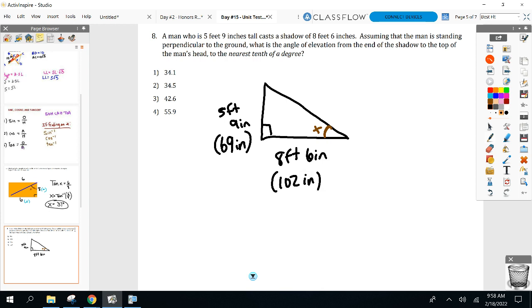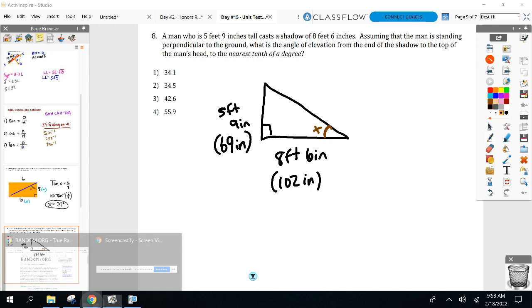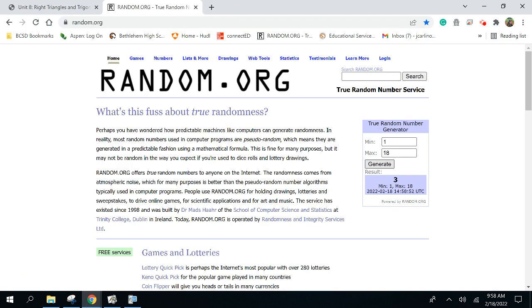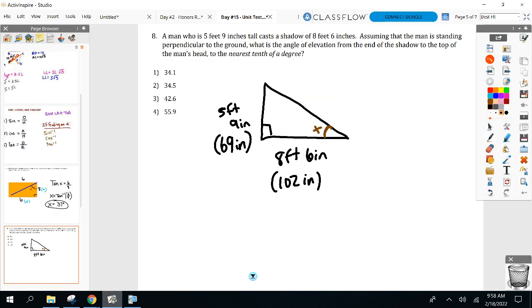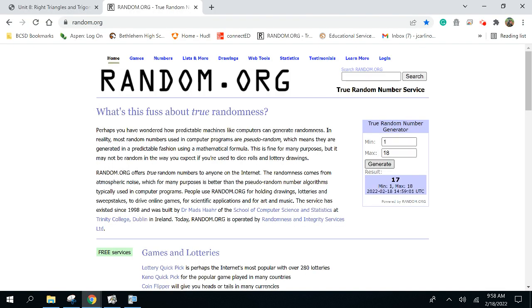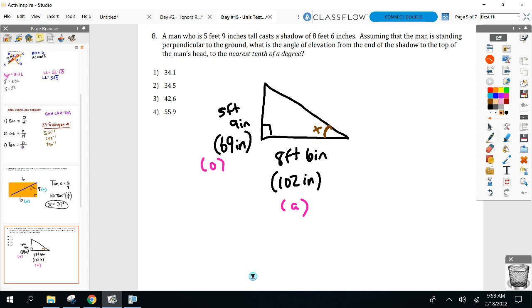All right, there you go. So now use 69 and 102 instead. What are the 69 and 102 to the angle then? 69 is the opposite. Darn right. 102 is the adjacent. So we're using which ratio in this problem? Tangent.